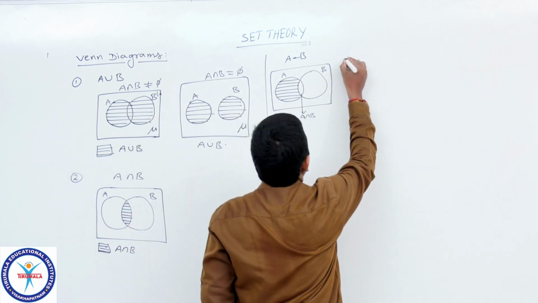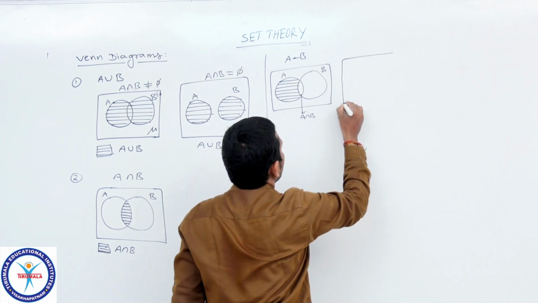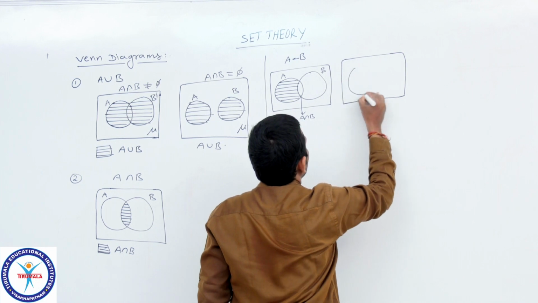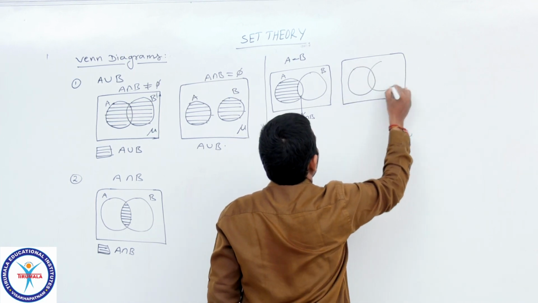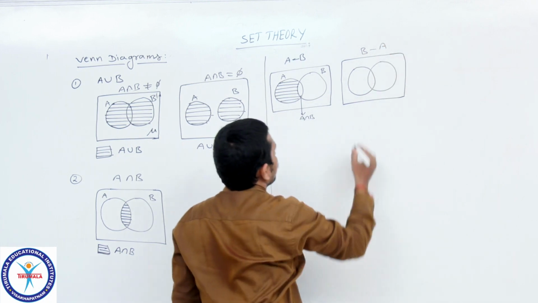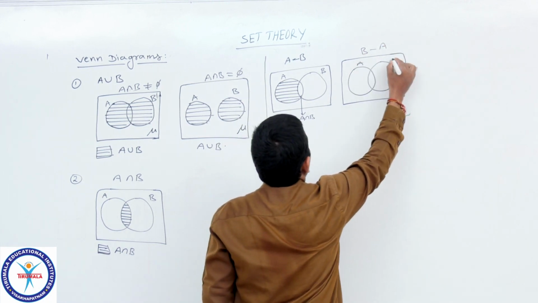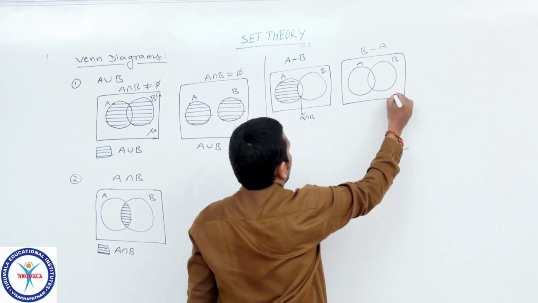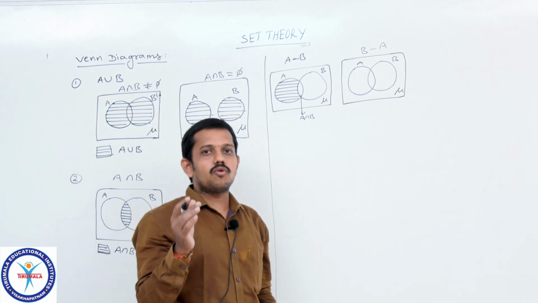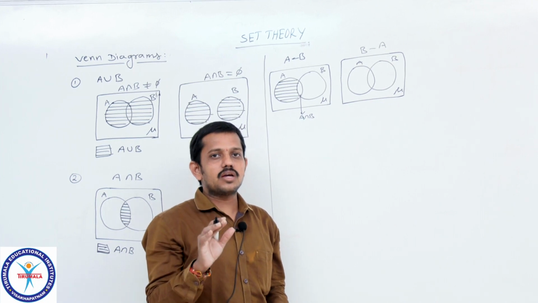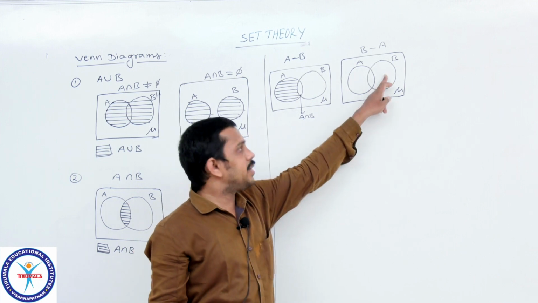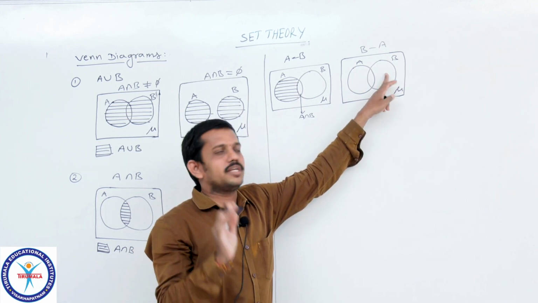And what is B minus A? Set A and set B, B minus A. So here A, B and this is the universal set. B minus A means the elements only in B which do not belong to A, meaning we have to shade the region of B excluding the common region.